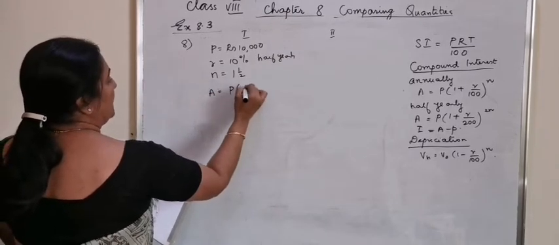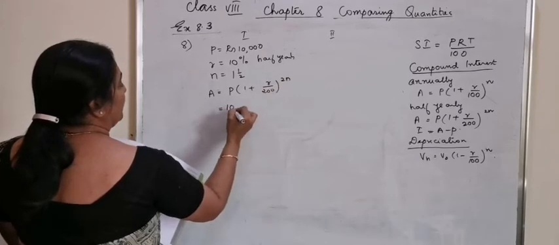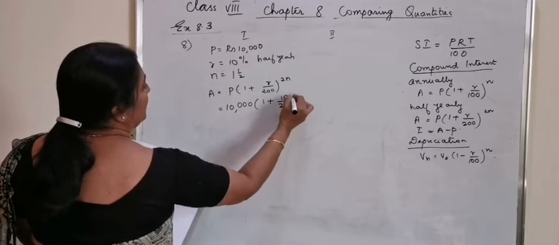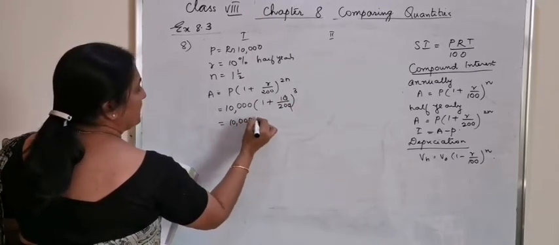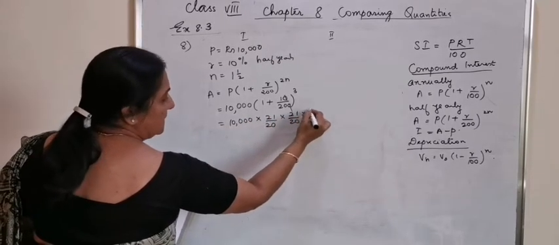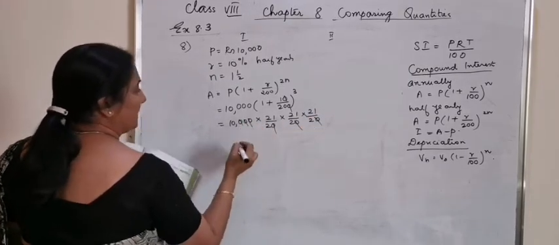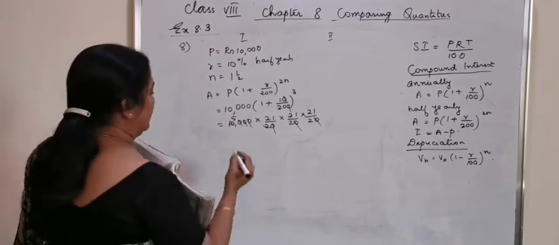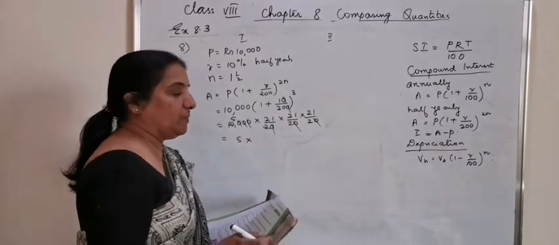Amount is equal to P into 1 plus R by 200 to the power of 2n, 10,000 into 1 plus 10 by 200 to the power of 3, 10,000 into 21 by 20, 21 by 20 into 21 by 20, and 2 is 5. That is 5 into 21 into 21 is 441.